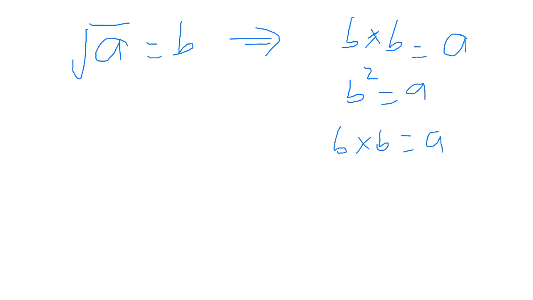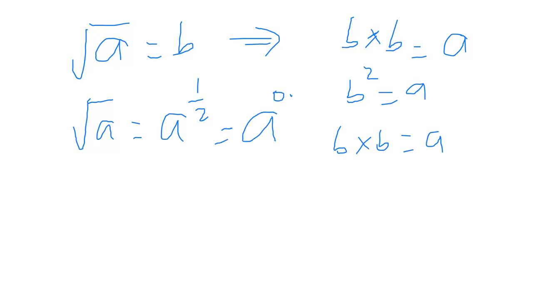Now for square root of a, we could always write square root of a as a to the power 1/2. So a to the power 1/2 equals the square root of a. And we could also write this as a to the power 0.5. That is an exponent, because 0.5 is the same as 1/2, right?